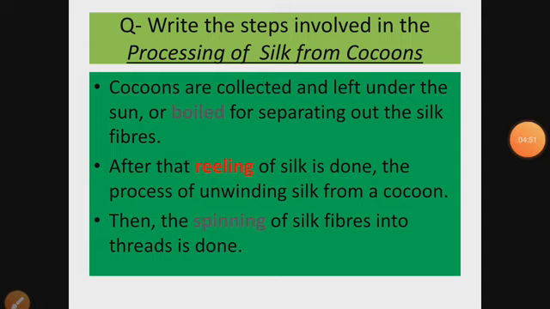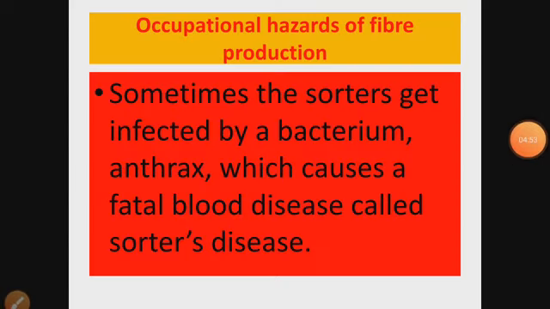Now there are some occupational hazards which are associated with silk farming or sericulture. Sometimes the sorters, the people who sort out the wool, the inferior wool and the superior wool, get infected by the bacterium.